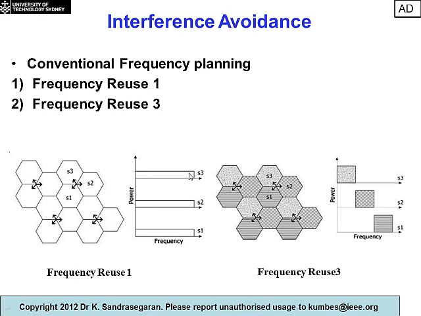The other side of it is to use something with frequency reuse 3. So we chop the frequency band into 3 equal parts, okay, and we allocate 3 adjacent cells each part of the band, and we make sure that adjacent cells do not use the same frequency band. The good thing about this scheme, what is the good thing about frequency reuse 3?